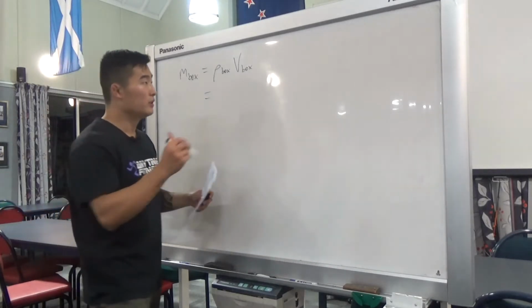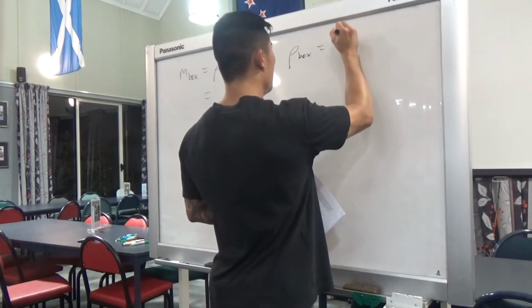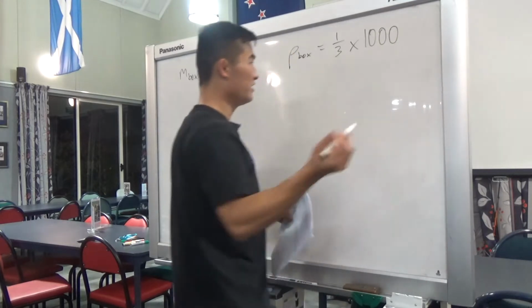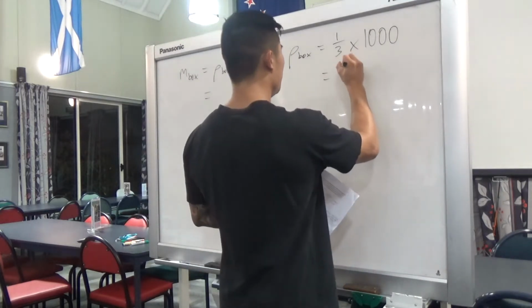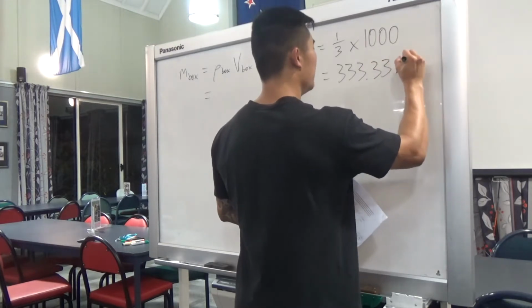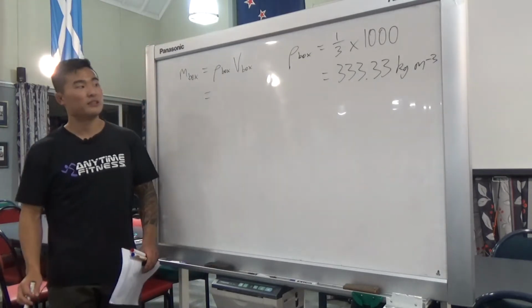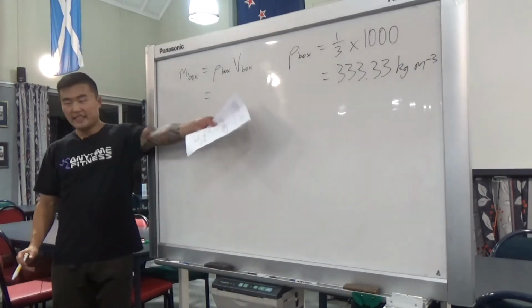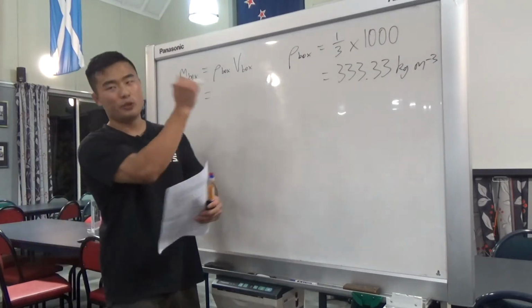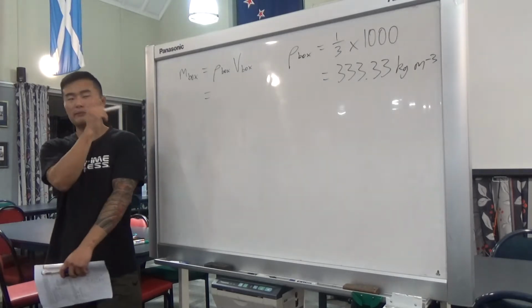Right, so the density of the box is equal to 1/3 times the density of water, which is 1,000, which means the density is 333.33 kilograms per meters cubed. Okay? Does everyone understand that part? Cool. So that's really important to understand. That's going to come up a lot, so just remember that.